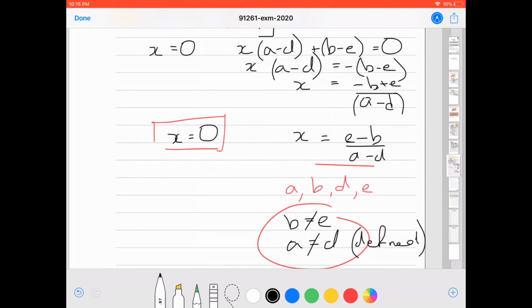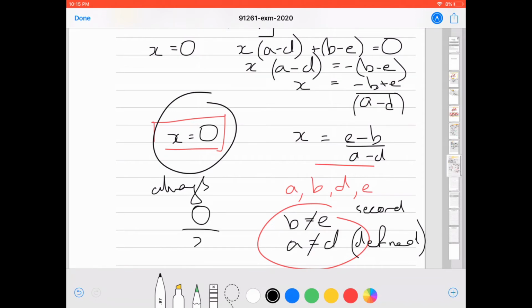When it says that, they are talking about one of the equations always being 0, right? That's x equals 0, always. And so if you had b did equal e, your numerator wouldn't be undefined, but it would just be 0. Okay, 0 over something always equals 0.